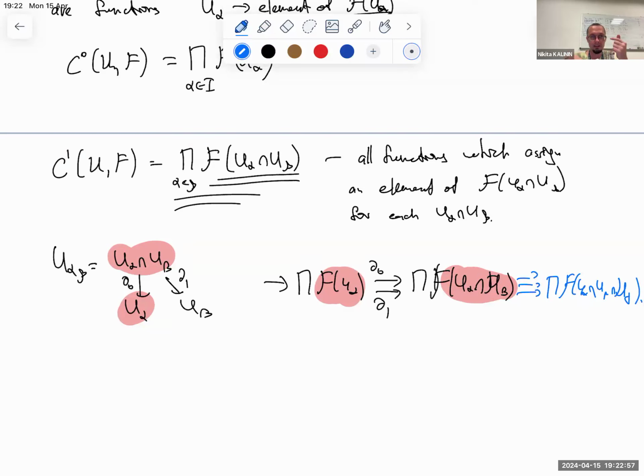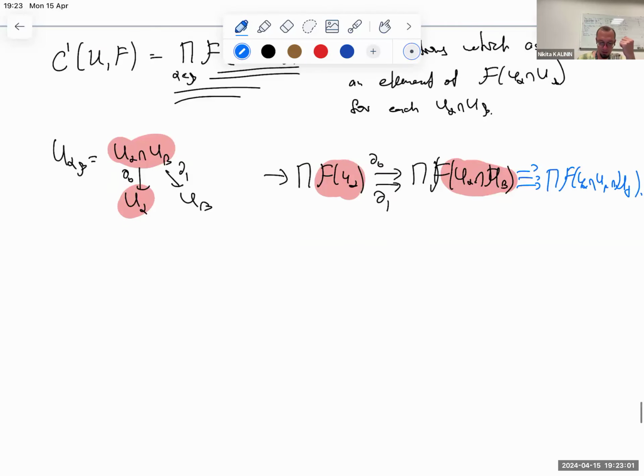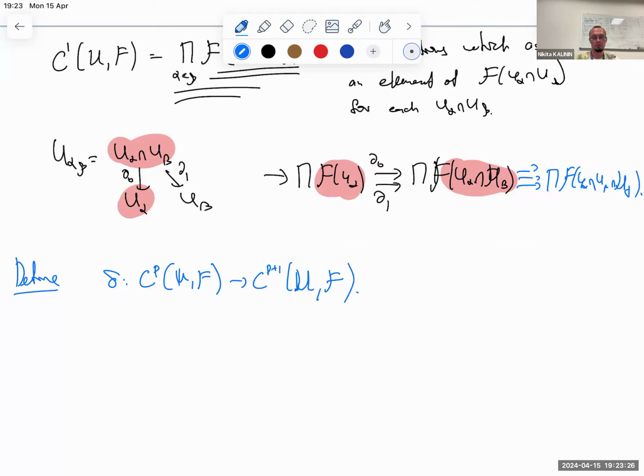Okay, and then taking the alternating sums of these maps, we can define the chain map, the differential. So let's define delta. This will be a map from p cochains C^p(U, F) to C^{p+1}(U, F). How to define the first step?